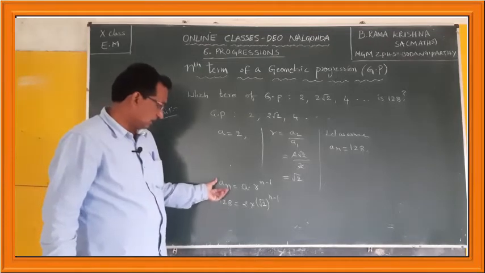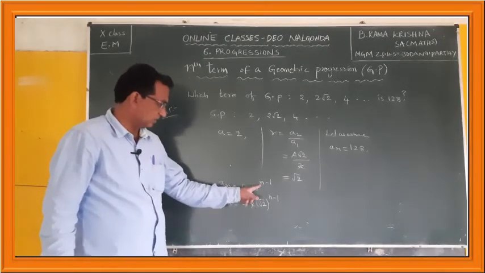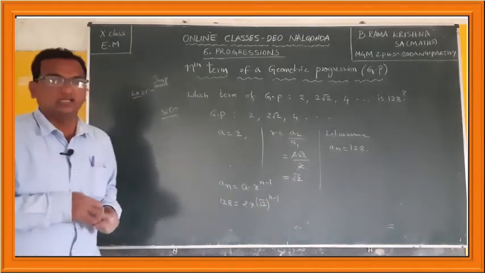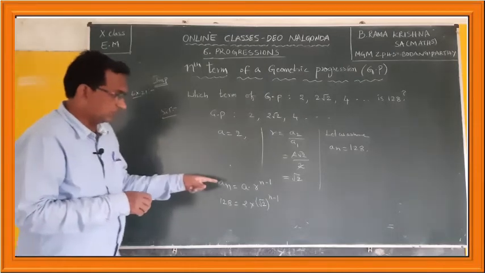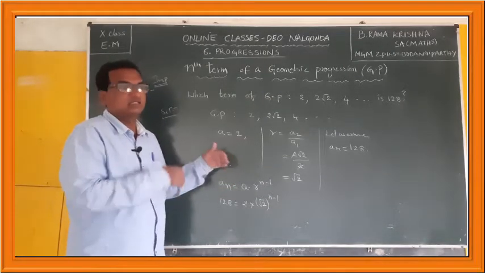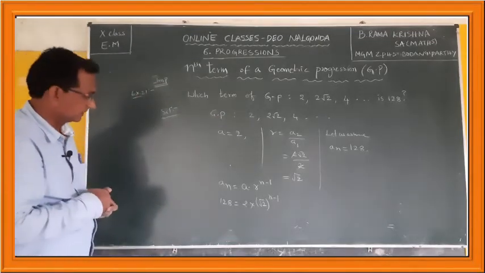Here all the variables are replaced by numbers and only one variable is left, that is n, and you have to find that n. n is the number of terms. Means, what is the order of that 128? We will know by finding that.